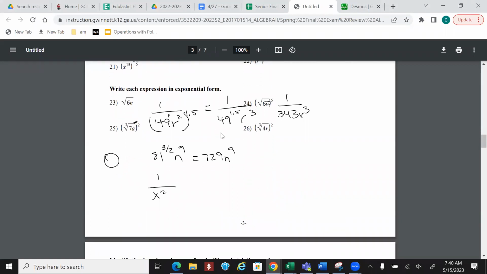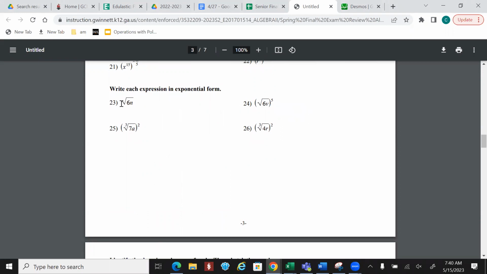Let's talk about 23 through 26. Now, on 23, they're asking us to write it in exponential form. So just kind of like a little refresher. If I have the root of something raised to an exponent, and I've got this little index in the little cubby hole, then I can write this in exponential form, as x raised to the exponent divided by the index.